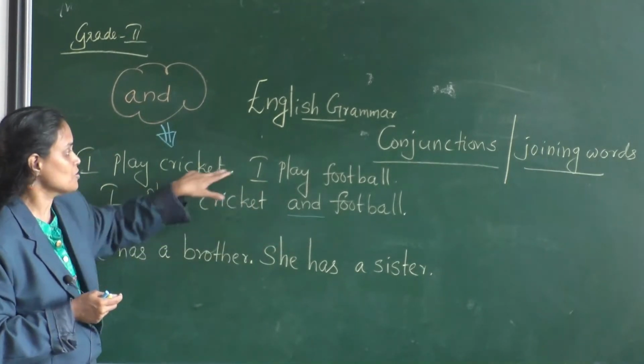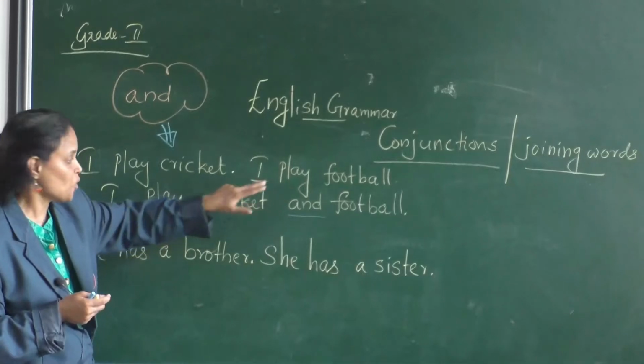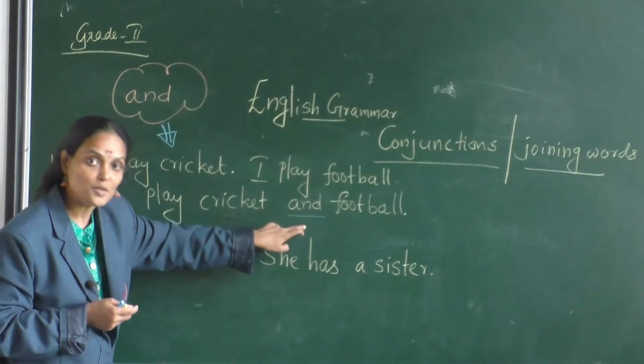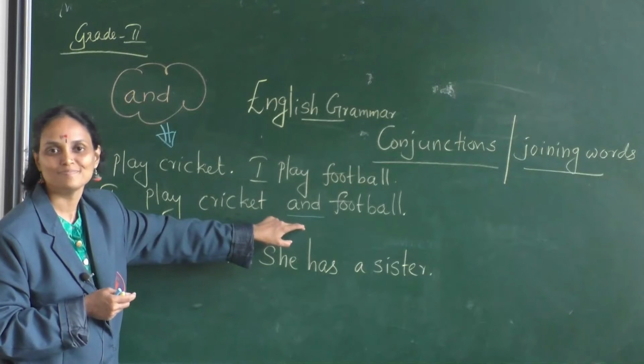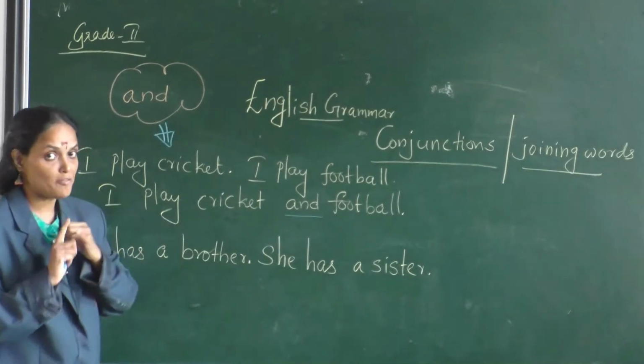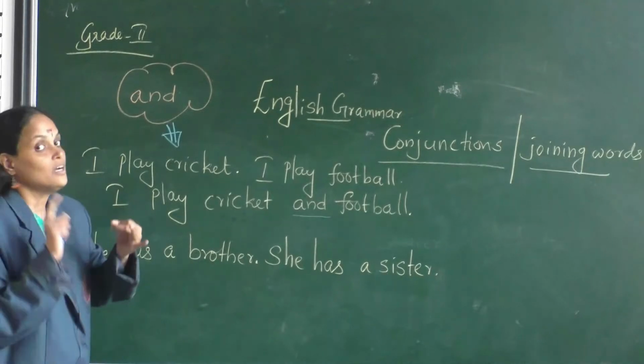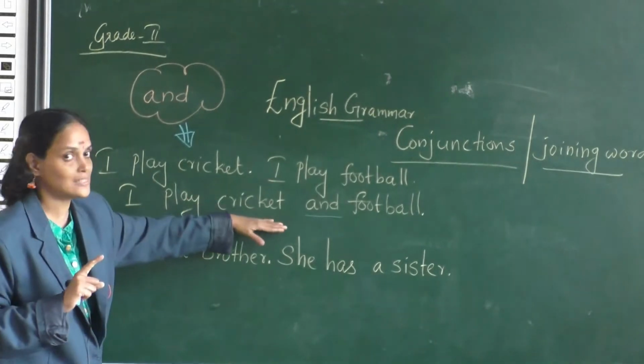So, two different sentences are joined together to frame a single sentence by using the conjunction and. Correct? Have we lost the meaning of the sentences? No, we haven't lost. Did we change the tense of the sentence here?